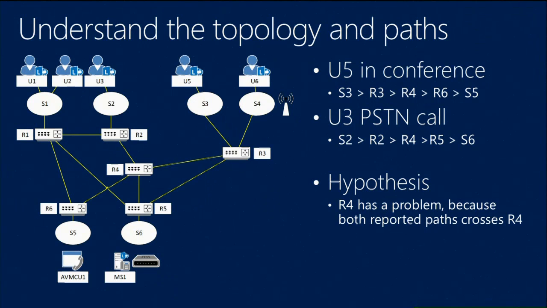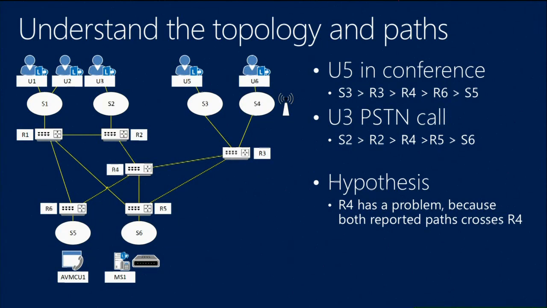Because the idea is that by looking at the session and following the media path through the network, you might actually find the intersection of where the media paths that are misbehaving could be found.